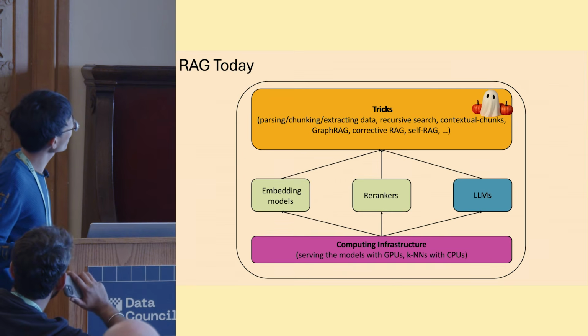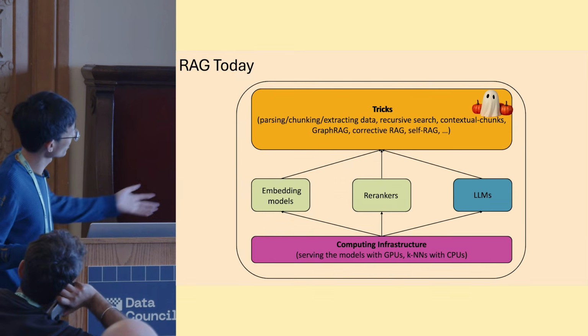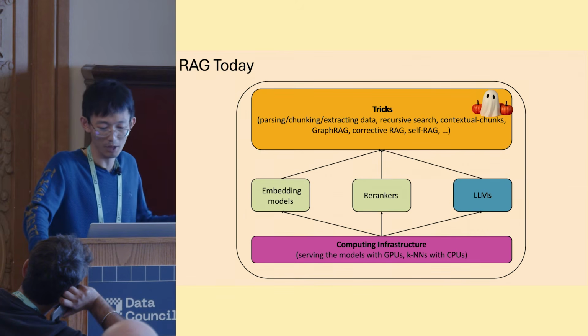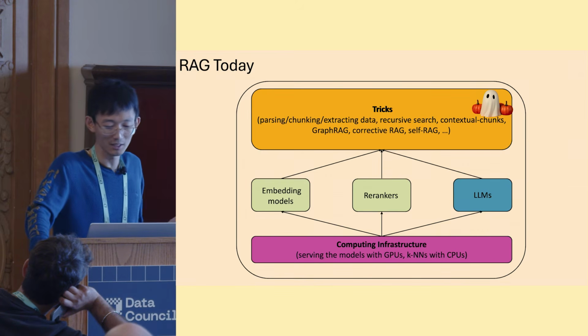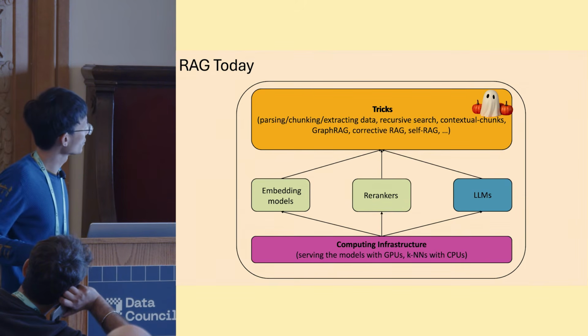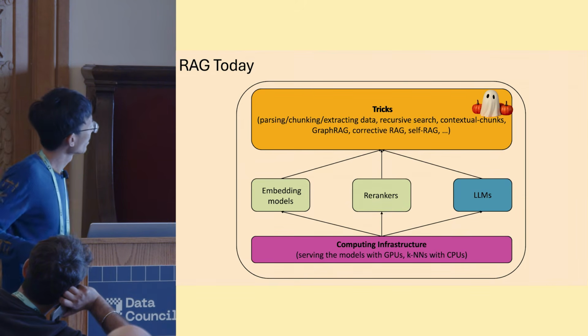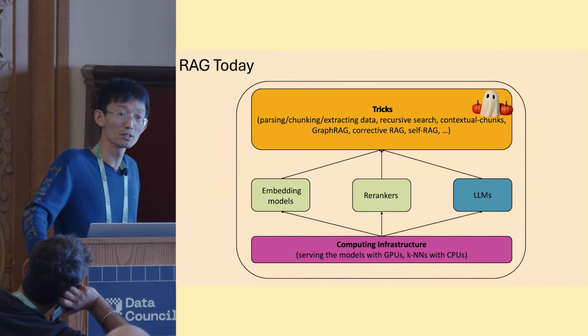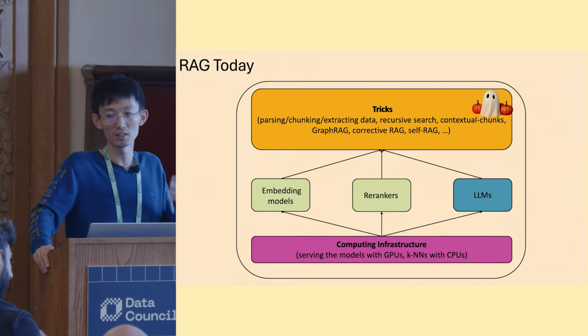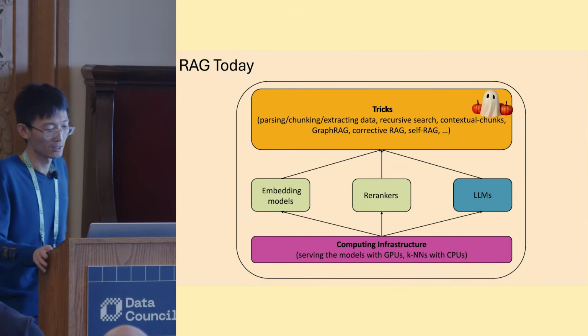What happens right now with RAG is that there is, of course, a computing infrastructure layer. I'm broadly keeping everything about compute there, like GPU. Even KNN is a computational tool. So this is the computation infrastructure, and then there is a layer where you have the models. This is the machine learning problem you are trying to solve with the models, where you care about accuracy versus latency, and so forth.